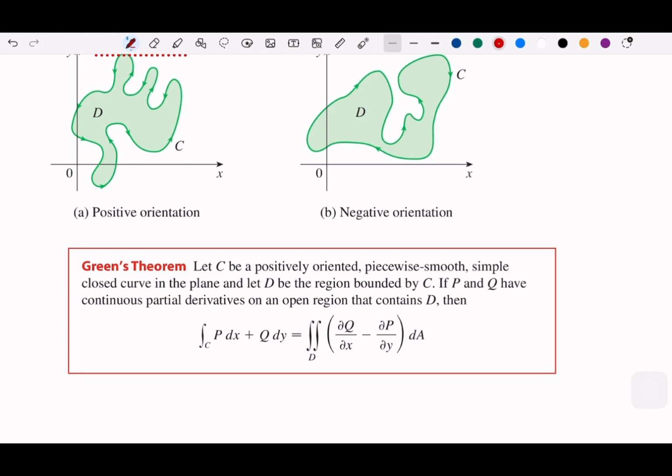And the integrand will be the partial with respect to x of Q minus the partial with respect to y of P.